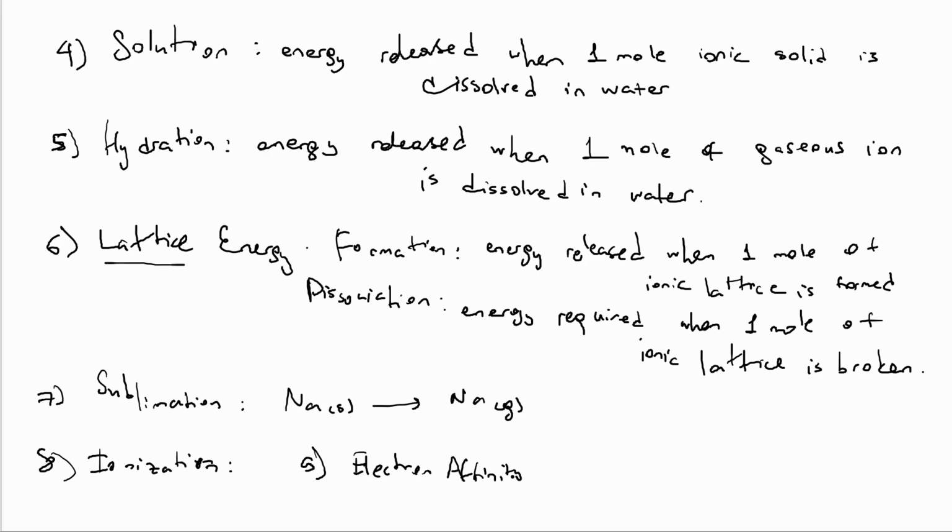Electron affinity is energy released when 1 mole of electrons is taken by the atom. So when an atom gets this 1 mole of electrons, it releases some energy.